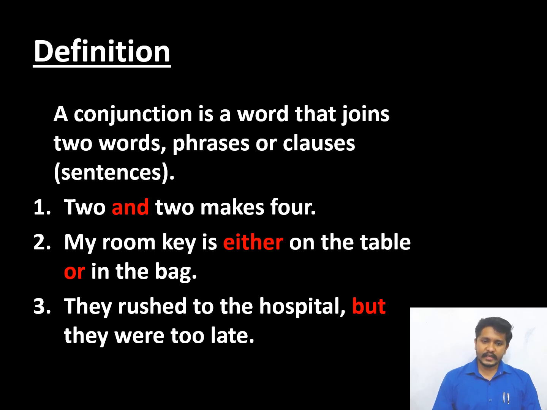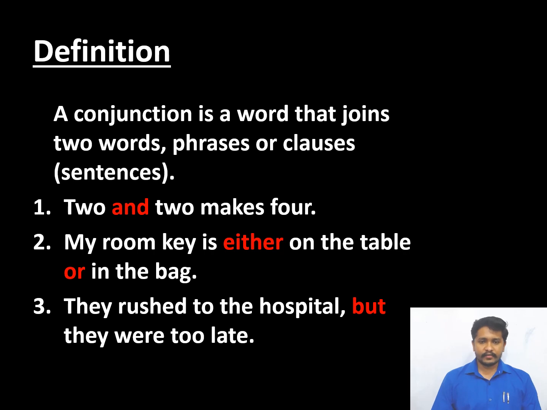When we come to the second example, my room key is either on the table or in the bag, here we use a pair of conjunctions and it joins two phrases. What are the two phrases here? One is on the table, another one is in the bag. To join two phrases, we used a pair of conjunctions.